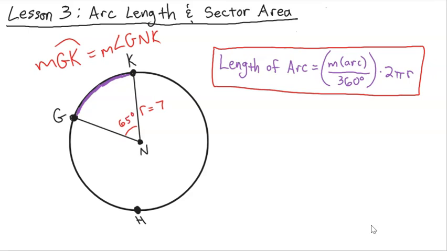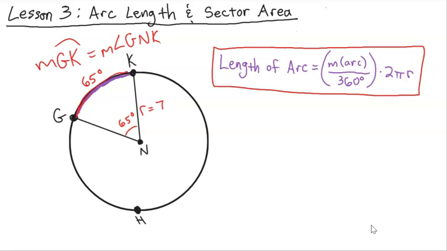Well, if this angle is 65 degrees and it's a central angle, then that means that the degree measure of the arc is also 65 degrees. So we can put 65 in here for the measure of the arc. The radius is 7, so we can put a 7 here for the radius.